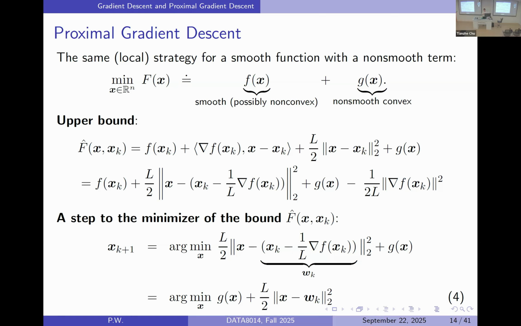Right, and this problem is strongly convex, so it has just one unique global minimizer. But this problem in practice is a convex plus a quadratic term. The main difficulty here is that g is non-smooth. So how to solve this problem? Even if it is not convex.